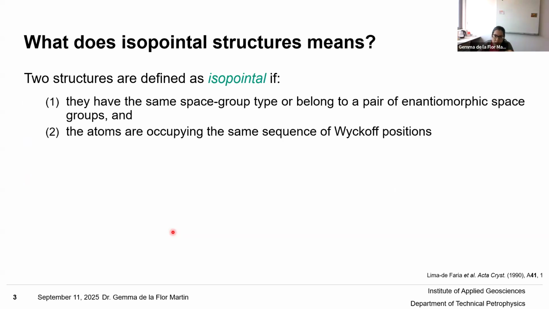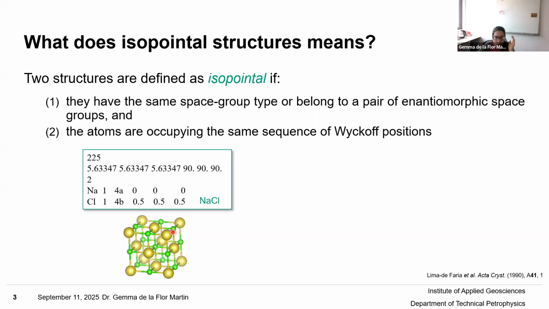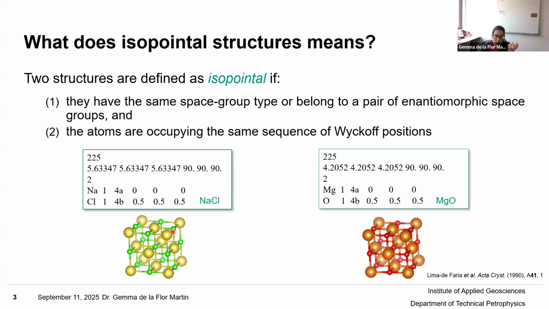So two structures are defined as isopointal if they have the same space group type or belong to a pair of enantiomorphic space groups, and the atoms are occupying the same sequence of Wyckoff positions. So here as an example, we have the structures of sodium chloride and magnesium oxide.